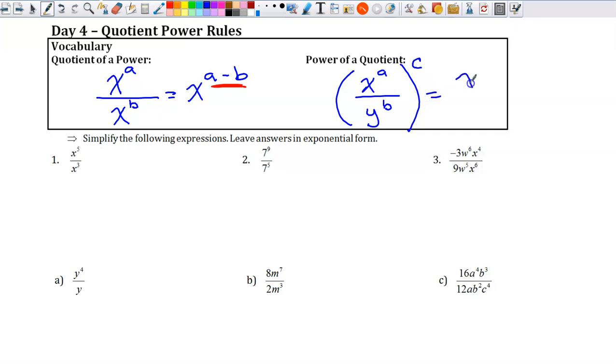An exponent raised to an exponent means we multiply those. So a times c over, well, that c also applies to y to the b, so b times c. So it's very similar to the distributive property. That c has got to go to each piece of this problem.